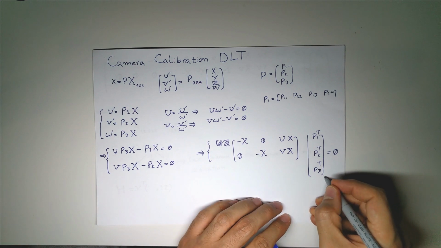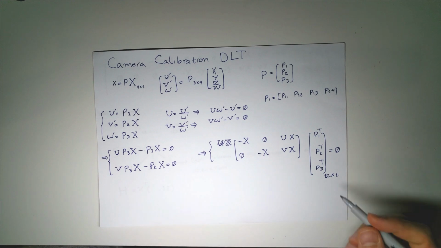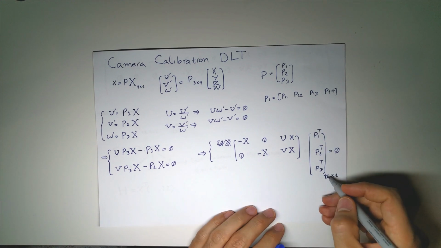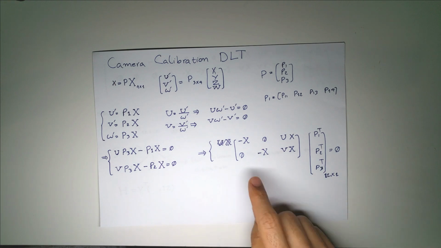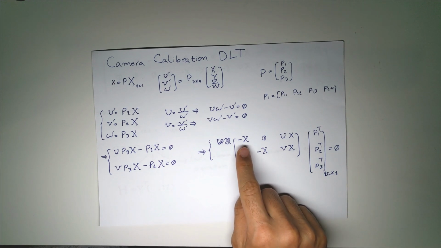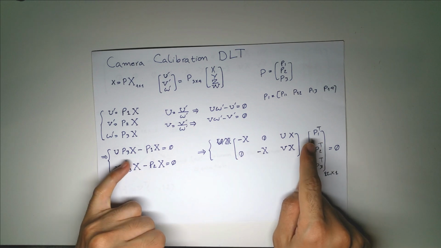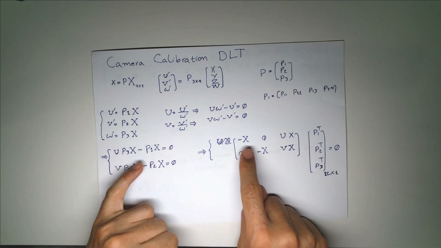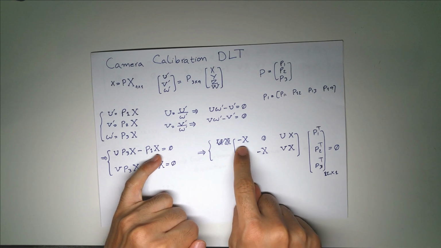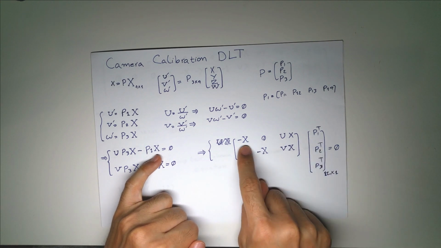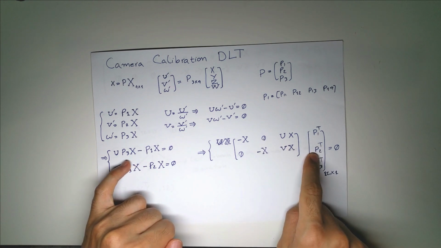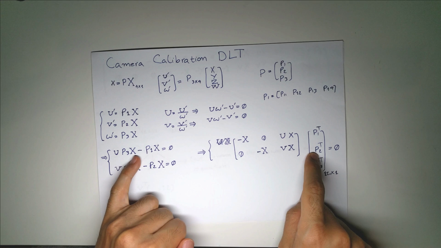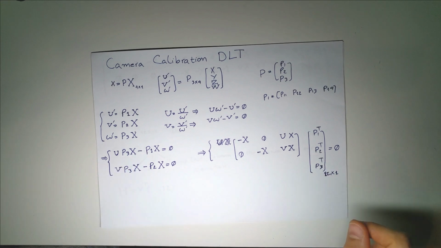So if I put everything in a column vector like this, which has 12 rows and 1 column, and I factorize P1 and P3, so here I have minus X multiplied by P1, plus 0 multiplied by P2, plus UX multiplied by P3.